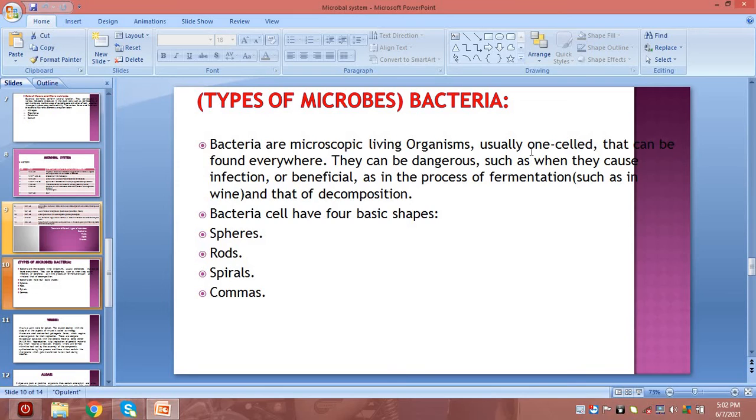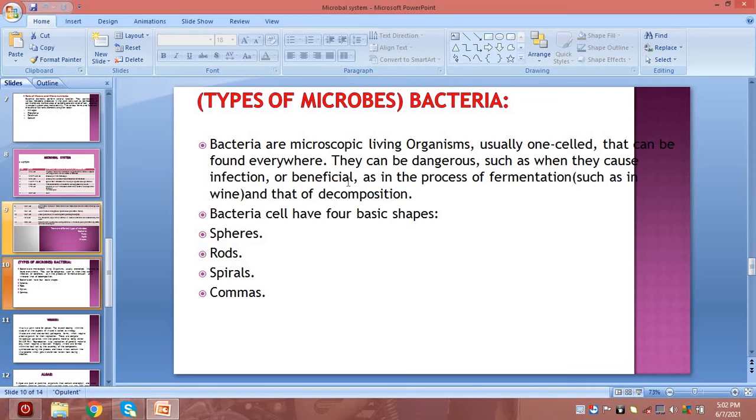They usually contain one cell. We have discussed bacteria, the prokaryotes, in unit 1. They are one-cell organisms, and they are found everywhere. They are both useful and harmful. Harmful, as they cause infections or diseases.